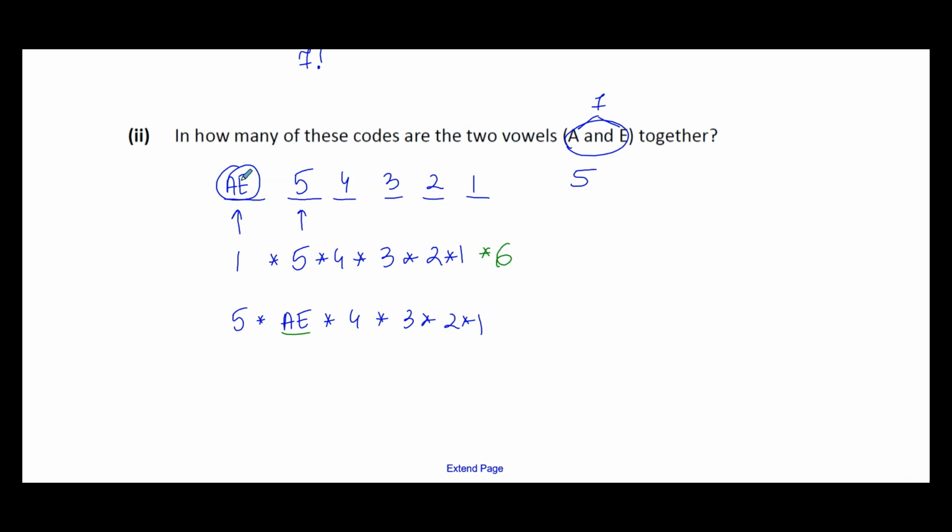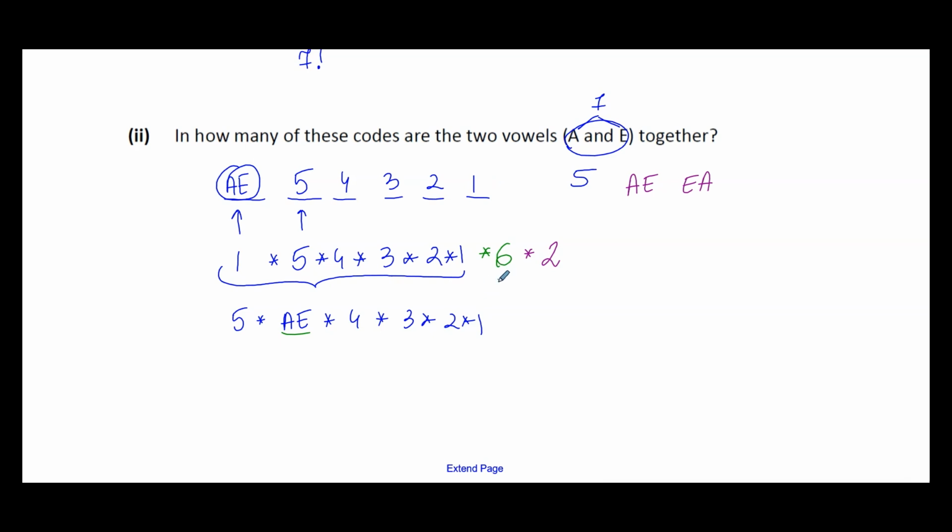Additional to that, AE actually has 2 options in itself, because I can have AE or I can have EA. So that means 2 options for that. First I am considering the number of options for that code of 6 spaces.